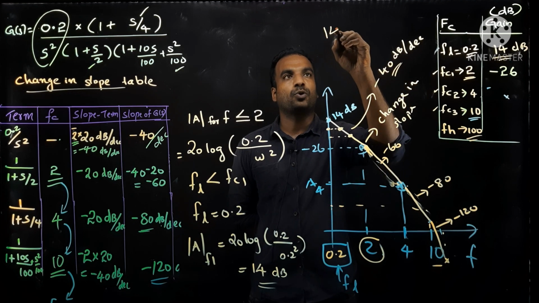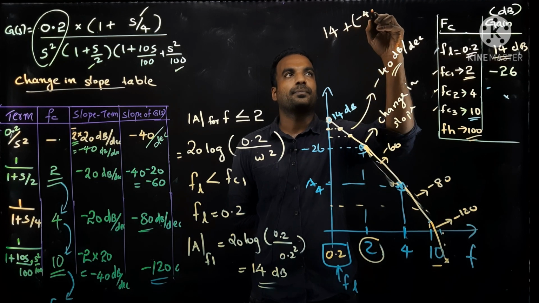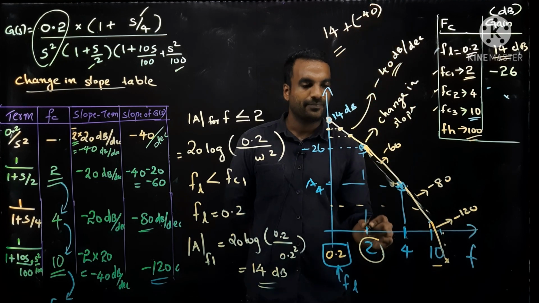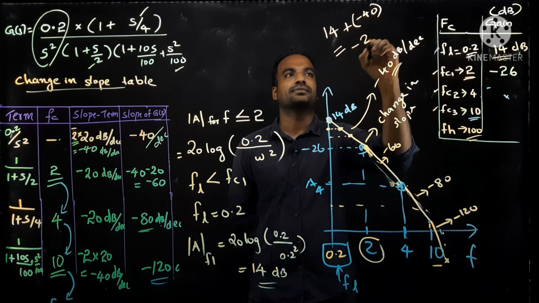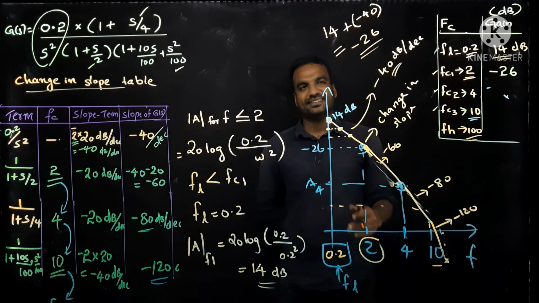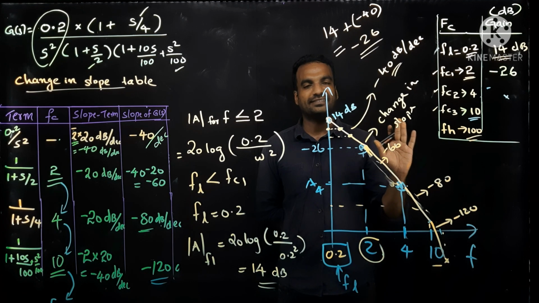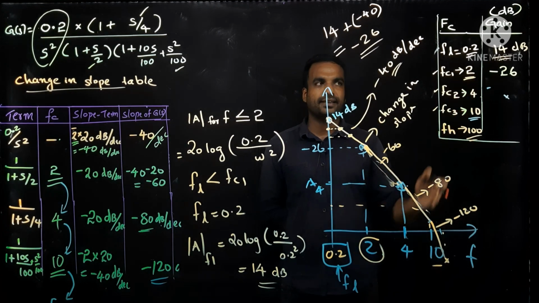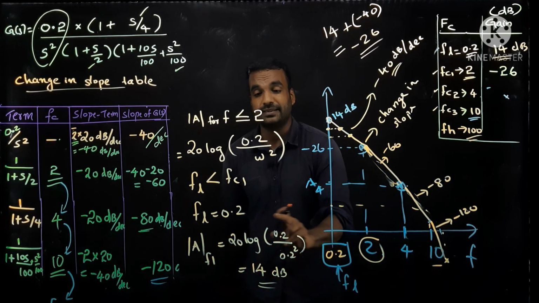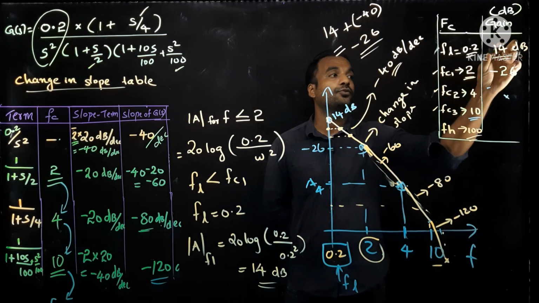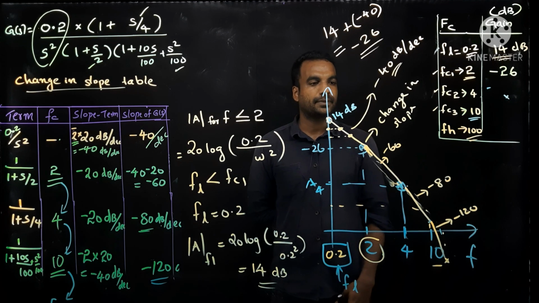In other words, 14, that is this magnitude, plus the slope minus 40 will give the magnitude at the other decade, that was minus 26. Please check. If it is right, our answer is cross checked. On the other hand, you don't need to calculate like this; you can calculate this value from this itself, if it is a perfect decade. That is the concept.